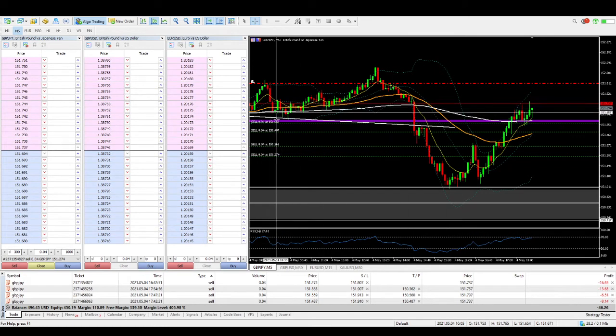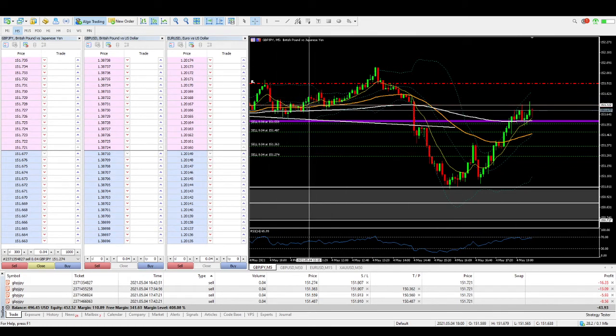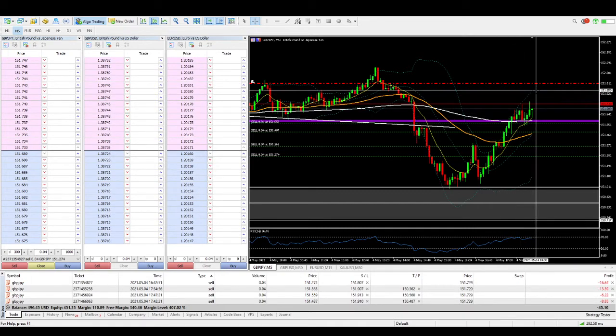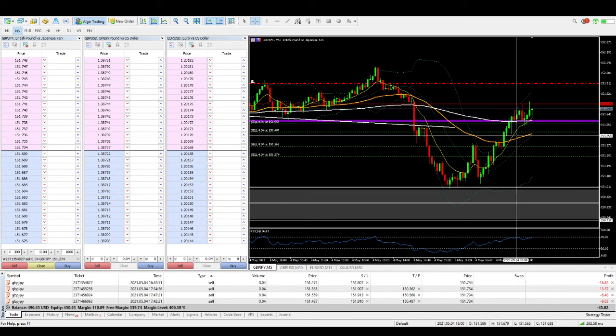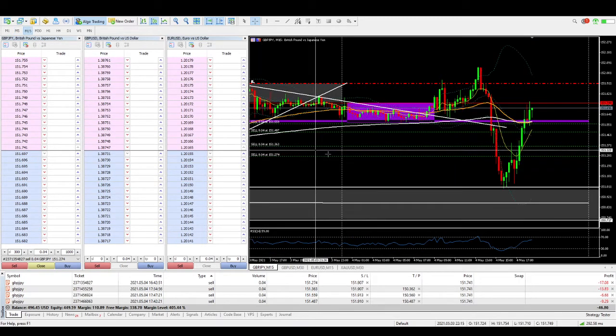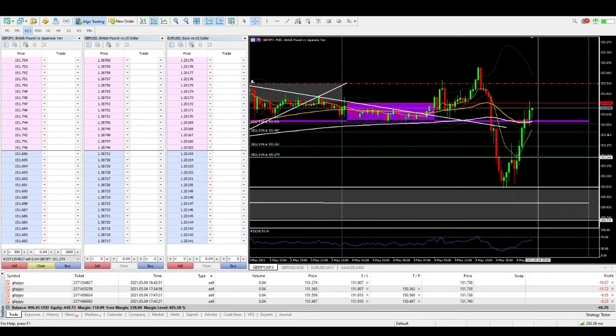So it's struggling to make a smooth upward gain. But I'm still worried it will go up and then go down. So not really sure. 15 minutes.